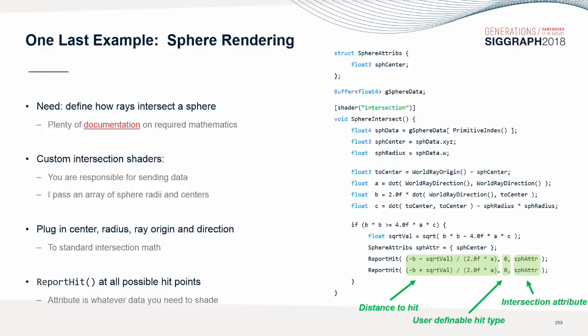And so you define sphere attributes and call report hit with the distance to your hit, the user-definable hit type. In this case, I'm not defining anything interesting. I just passed 0. And then the sphere attributes. In this case, my sphere attributes are really dumb. I'm just passing through the center of the sphere. I don't claim that's a good idea. In fact, it's probably a bad idea. But that's what I'm passing through here.